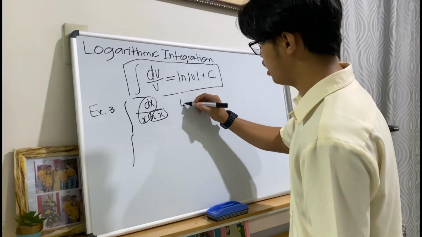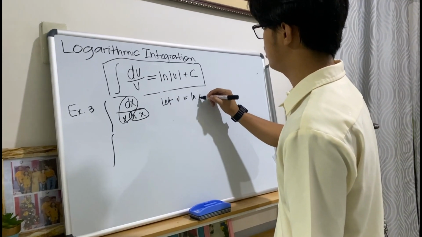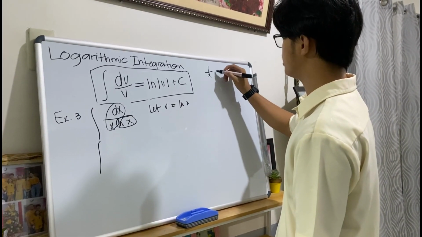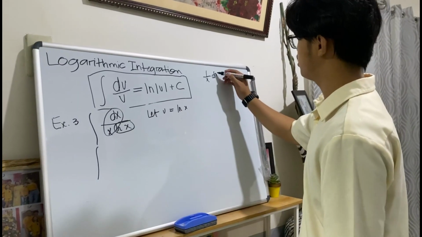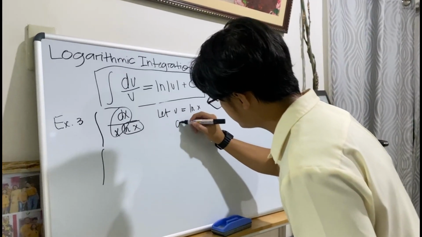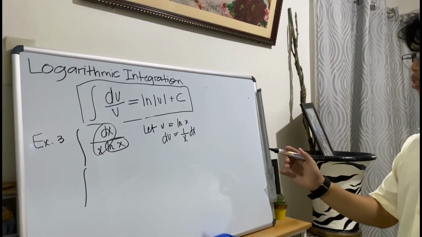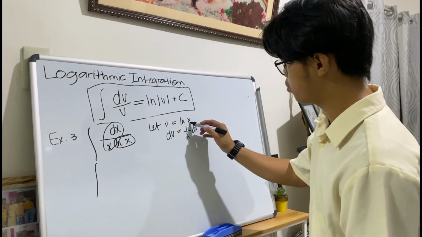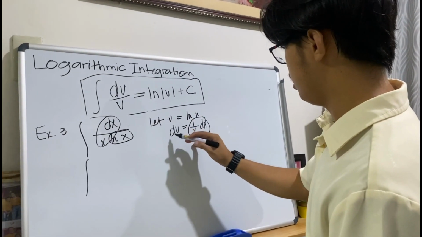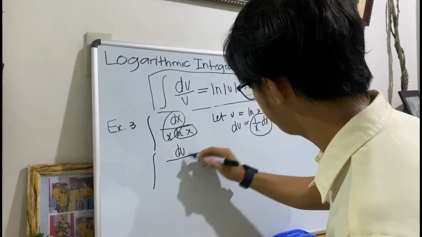So we let u equal ln x. We know that the derivative of ln x is just 1 over x dx. So if we derive this, we have du equal to 1 over x dx. So now you can just substitute dx over x here with du, and now your u is ln x.